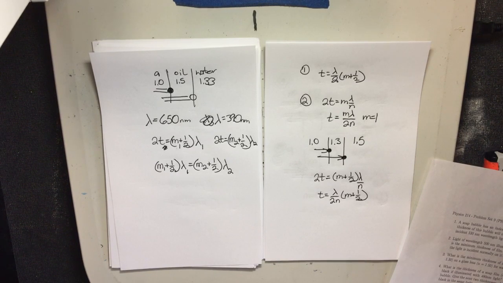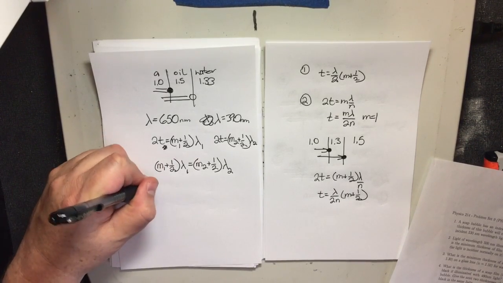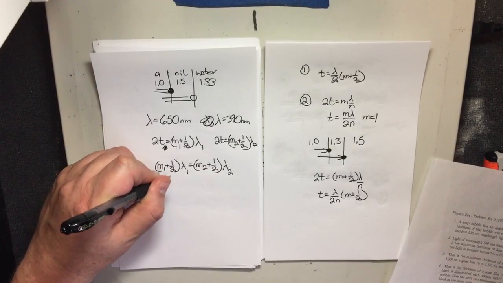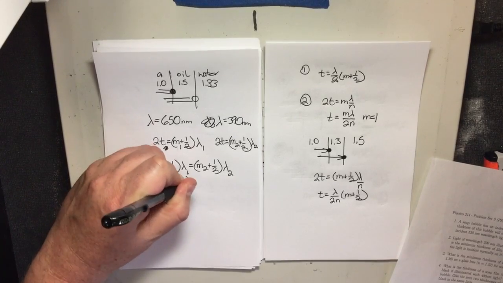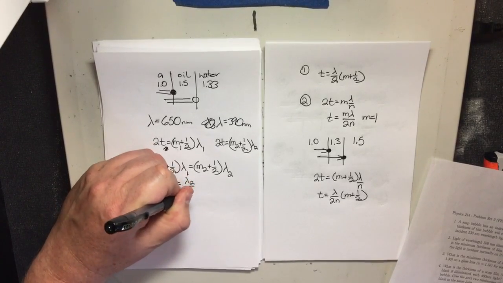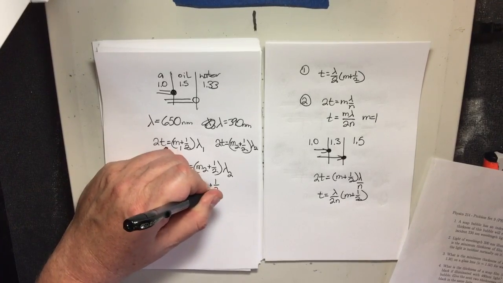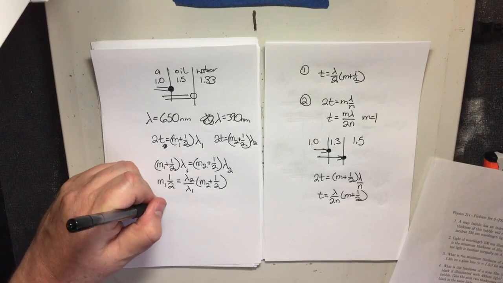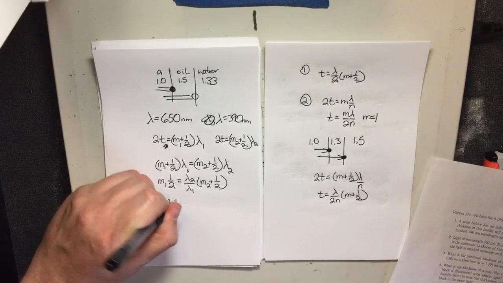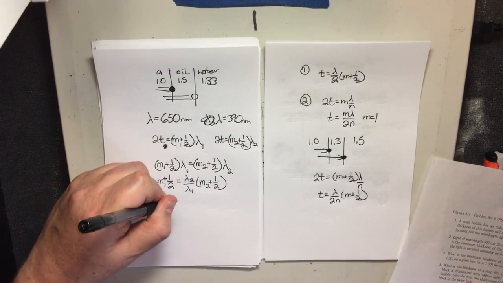Now what we're going to do is divide both sides by lambda 1. And then multiply by 2. Oh no, I'm going to subtract 1/2.